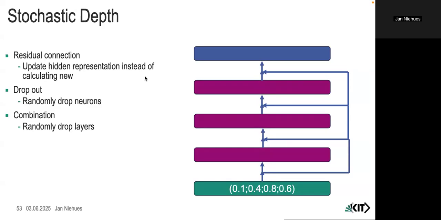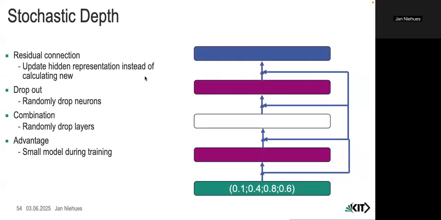And that is what is called stochastic depth. You can combine that with dropout, where you no longer drop out individual nodes, but in training you can drop out complete layers. For example, in some training steps you're not training the middle layer, but just taking the input as the output. And that, of course, only works if you have a residual connection.